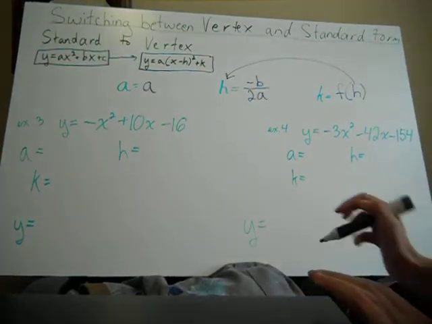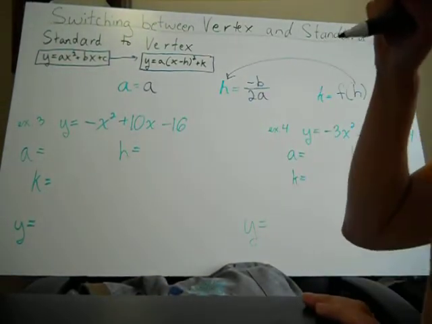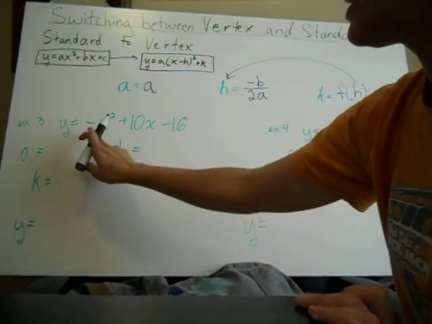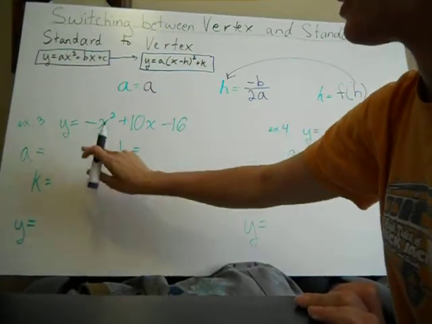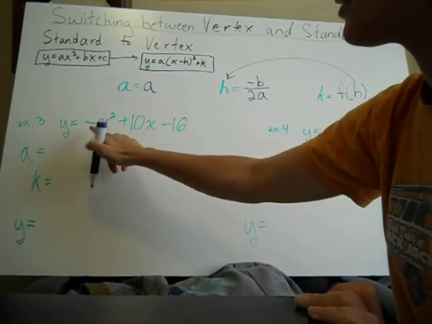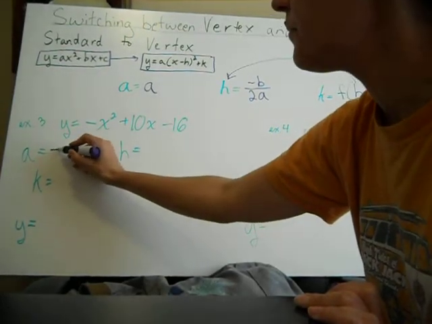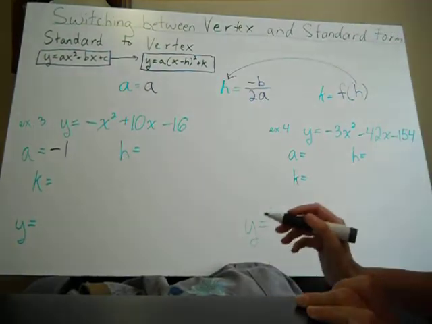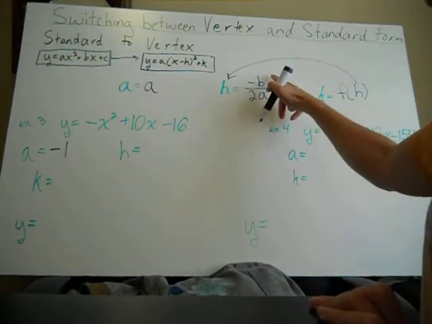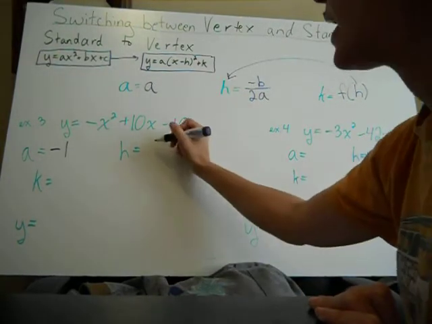Alright, so for example 3 on this page, for a, we're looking at the value that's in front of the x squared, your quadratic coefficient, so that is -1. H is defined as negative b over 2a.